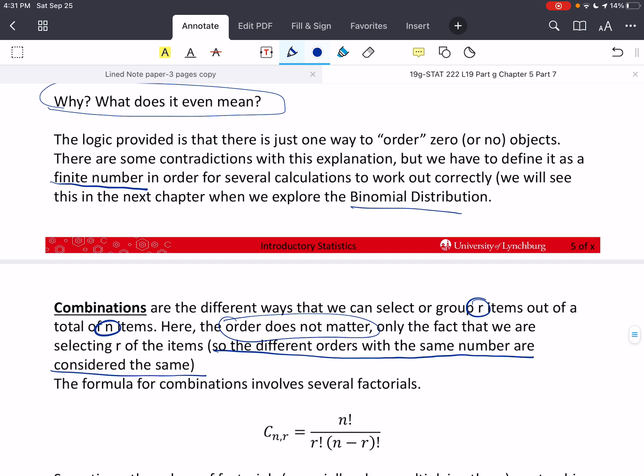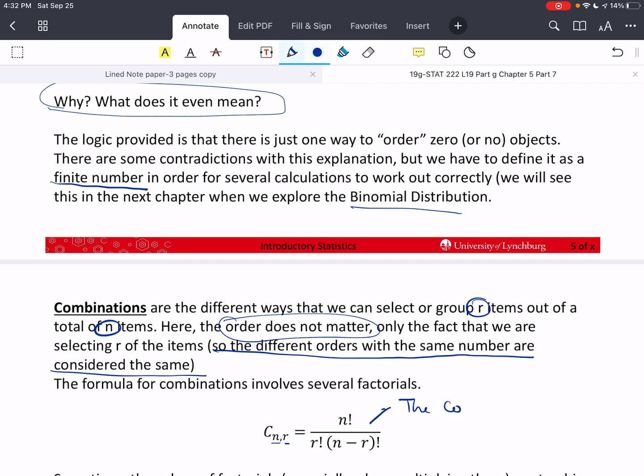So here is the notation that the book uses. It's different notation than I've seen in most textbooks, but we can use it. It's just fine. So you'll have the combination of N items chosen R at a time. Let me write this out.